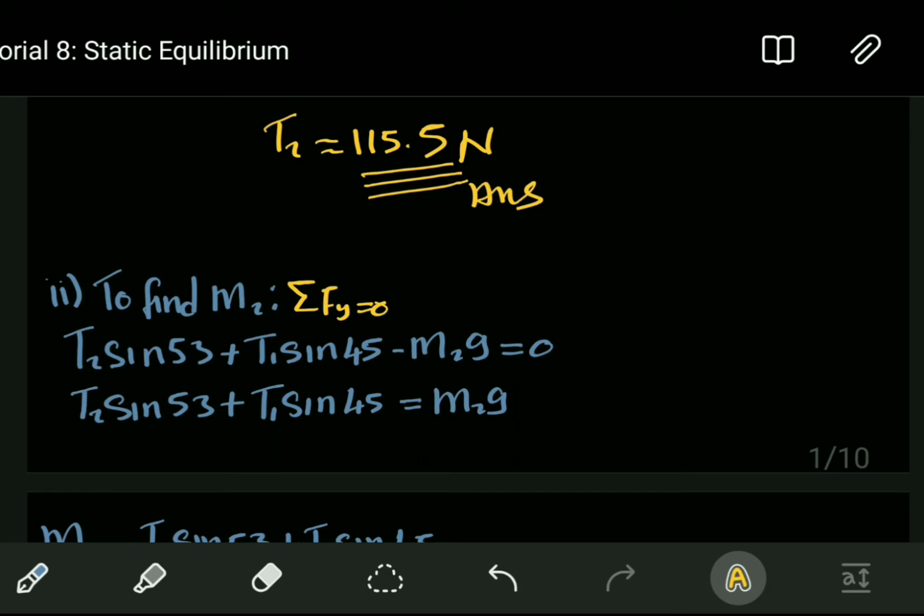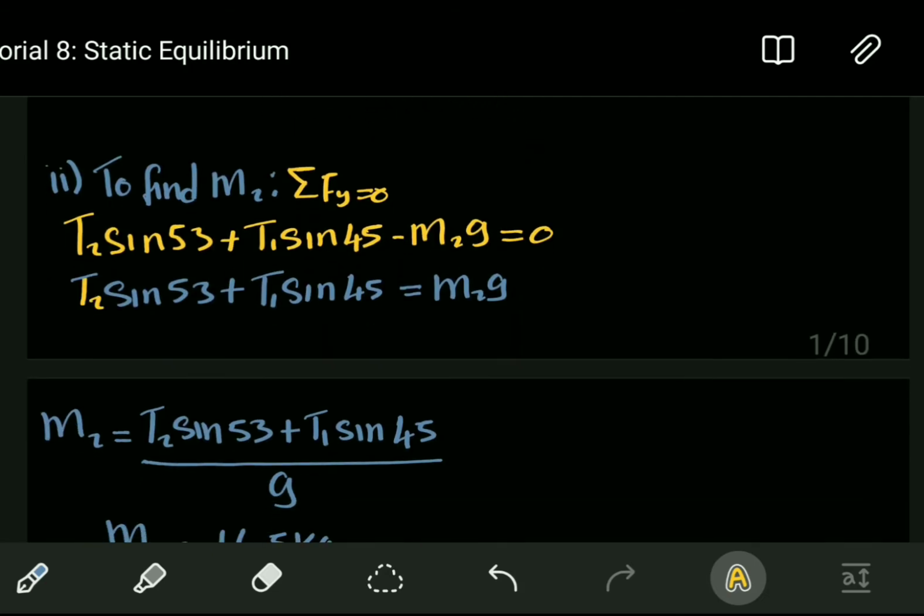Therefore, in the Y, we have T2 sine 53 plus T1 sine 45 minus the weight of M2, and we're supposed to get 0. Therefore, T2 sine 53 plus T1 sine 45 is equal to M2 times G, which is the weight of M2.